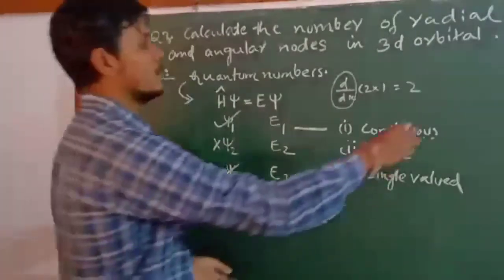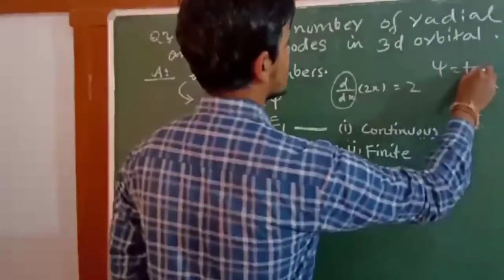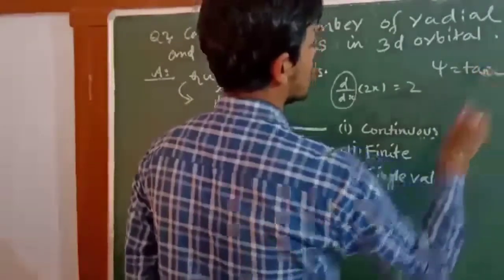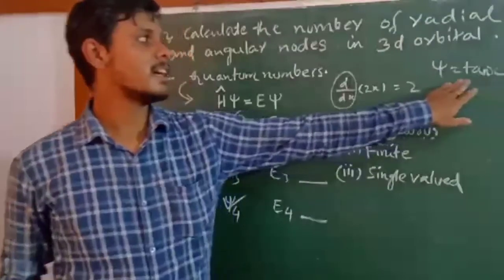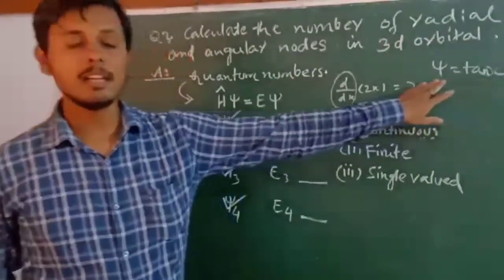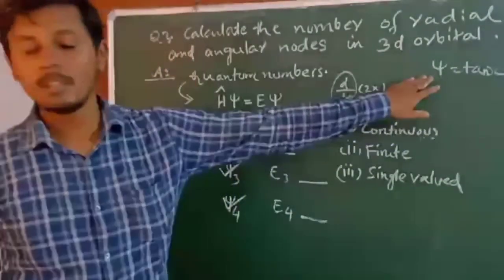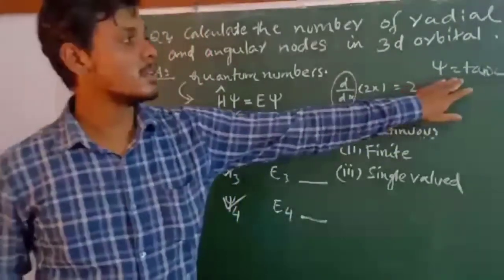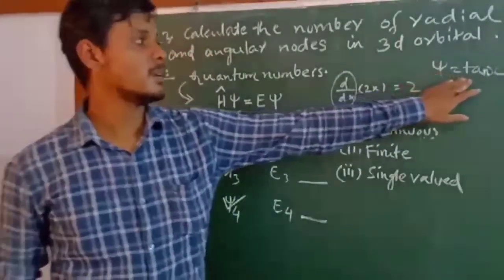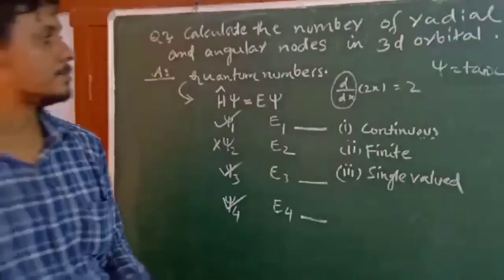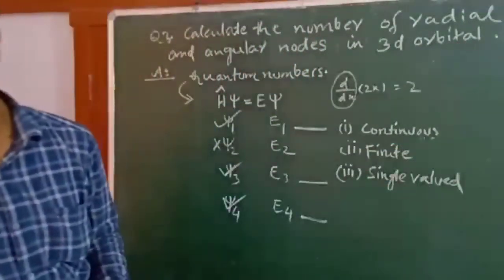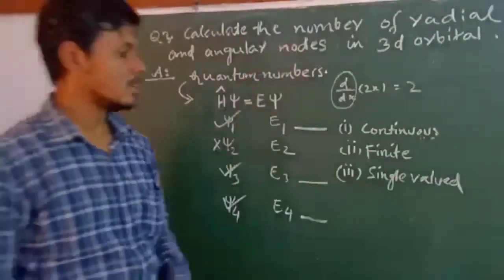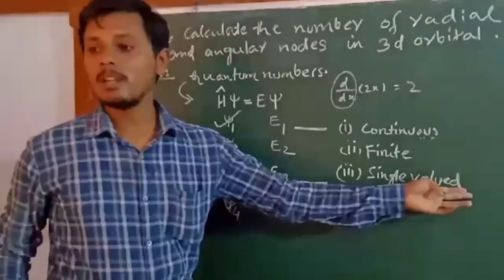For example, if I get psi equals 10 tan x, I can't say that psi is acceptable because tan 90 degrees equals infinity. That means this function is not acceptable as a wave function, since it has to be finite. Number 3, it should be single valued.